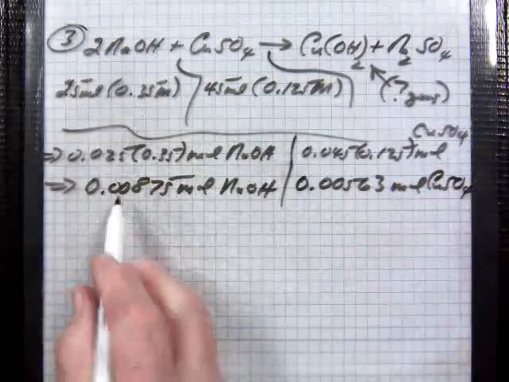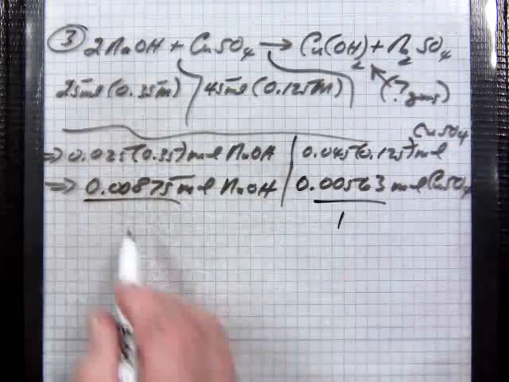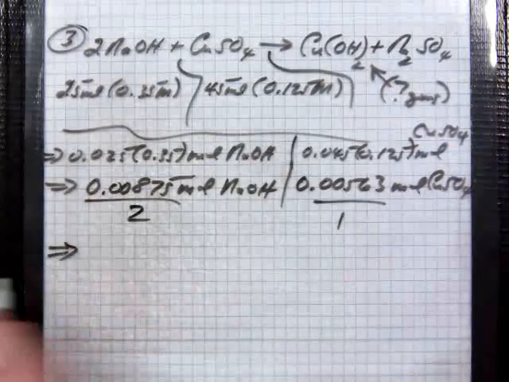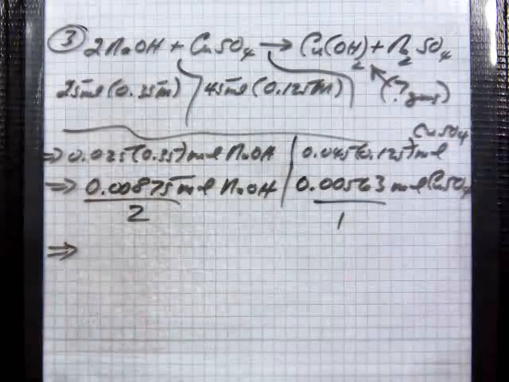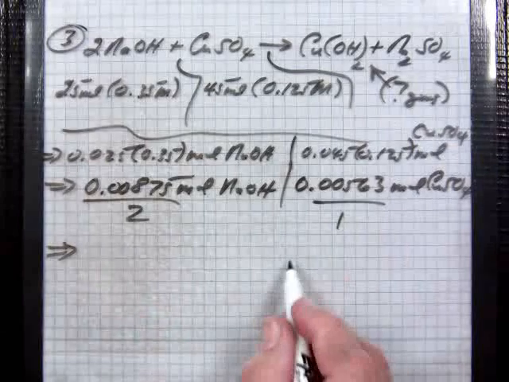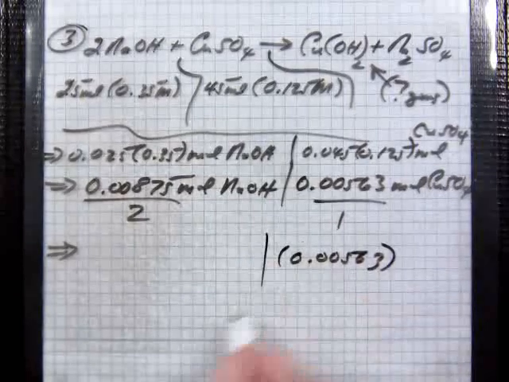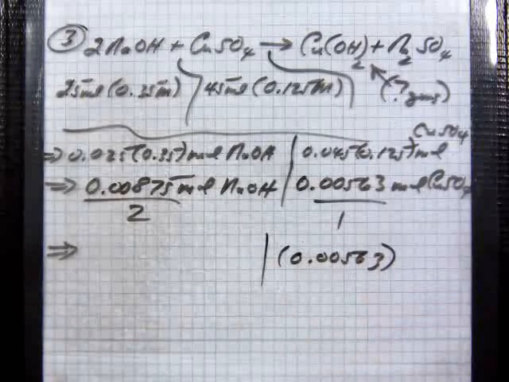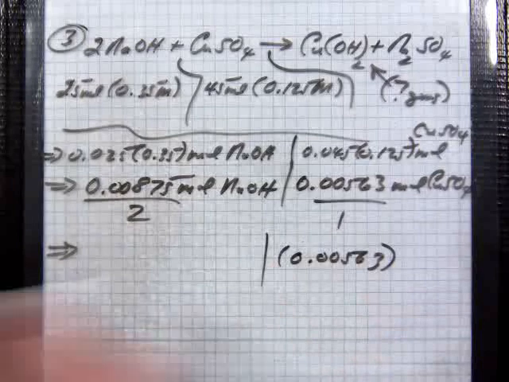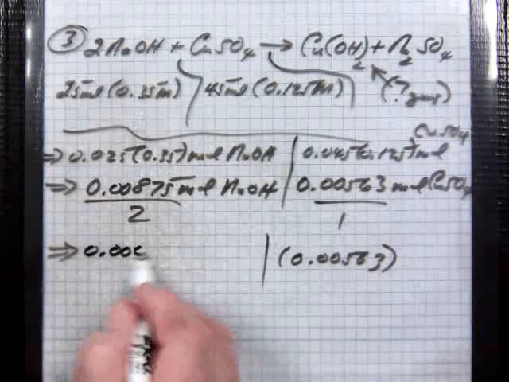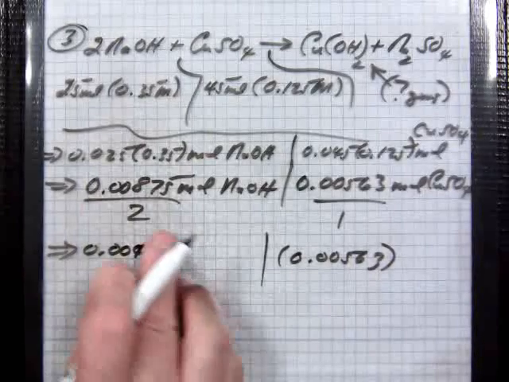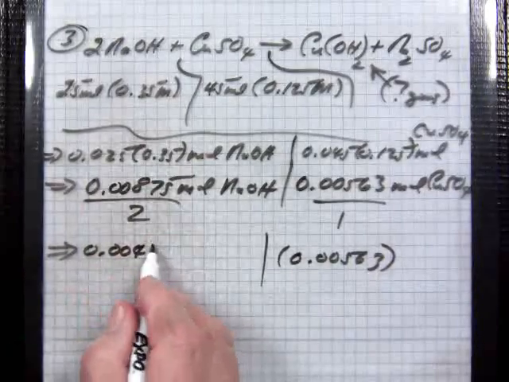So we want to divide these by respective coefficients and see who's the smaller number, and then work back from the limiting reagent. So that one will give us 0.00563 for that number, and 0.00875 divided by 2 is 0.004438.